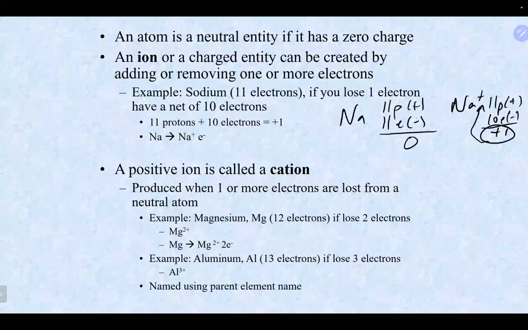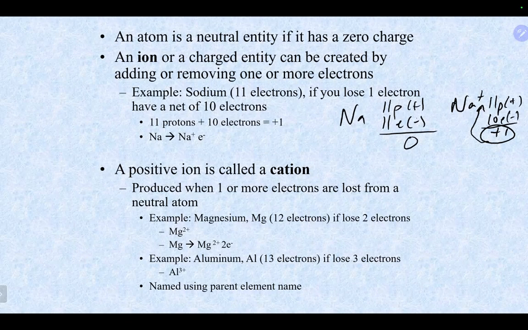Same thing if we look at something like magnesium. Neutral magnesium has an atomic number of 12, which means it has 12 protons and 12 electrons. Magnesium typically will lose 2 electrons. It's their outermost electrons. When they do, magnesium ends up with a +2 charge. And once again, as we talked about, it is just the electrons that are changing here.